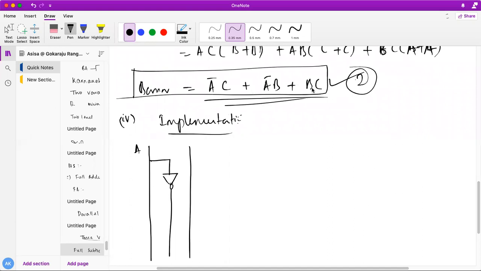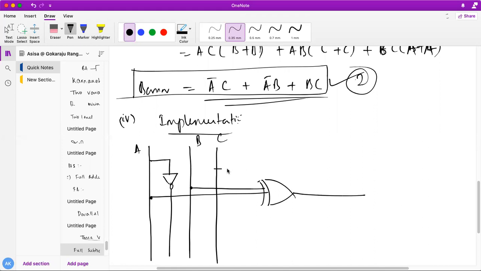I don't require b bar, so I'll put it as it is. C bar also I don't need, so I'll put it as it is. Okay, now what is my equation? My equation is I'm going to have a xor b first, then whatever result comes, that I will XOR with another one, which will give me finally a xor b xor c.